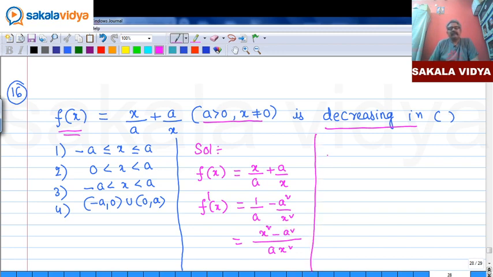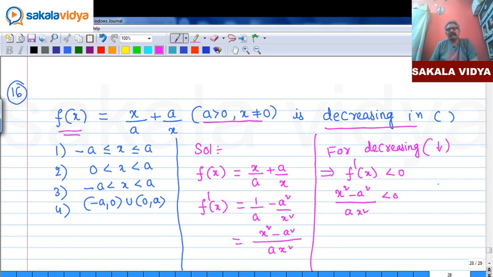See, for decreasing, f dash x must be less than 0. So (x square minus a square) by a x square is less than 0.